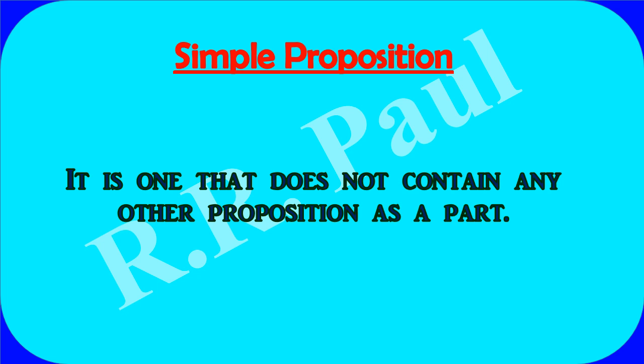Well, it is a sentence or a proposition that does not contain any other proposition as its part. That means when we read this proposition, we see only one proposition and not any other proposition as its part.